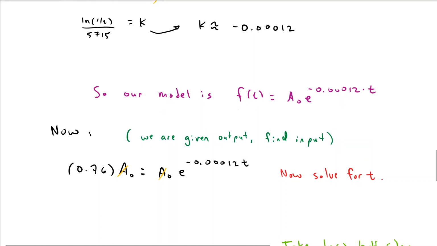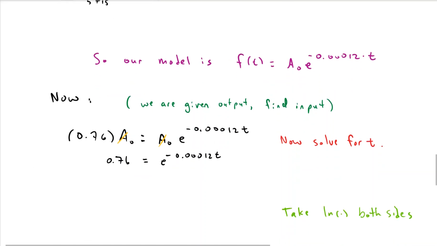and we're left with 0.76 equals e to the negative 0.00012 times t. So the a naughts cancel. And we're solving for t now. Now we want to solve for t.